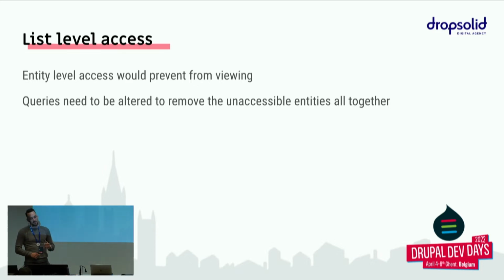If just with the entity level access, you wouldn't really see the entity, so that would be fine. But the summary wouldn't actually be correct. Because it might be that in the first 10 items that you see on the page, you don't have access to 5 of those, which means you would only be seeing 5 items in there. But the summary would still say showing you 10 items.